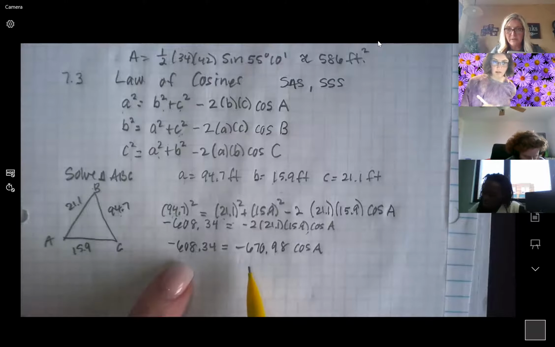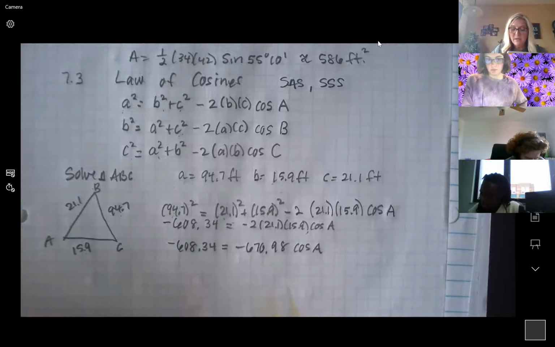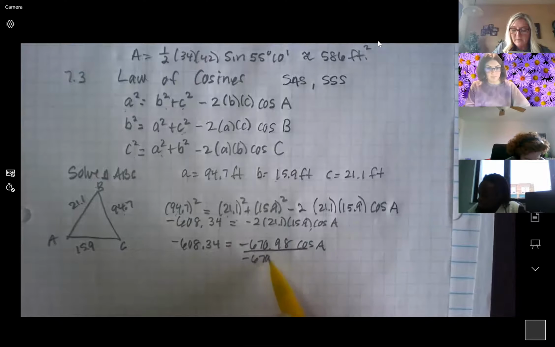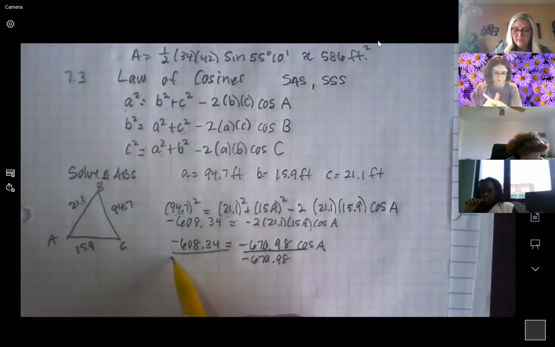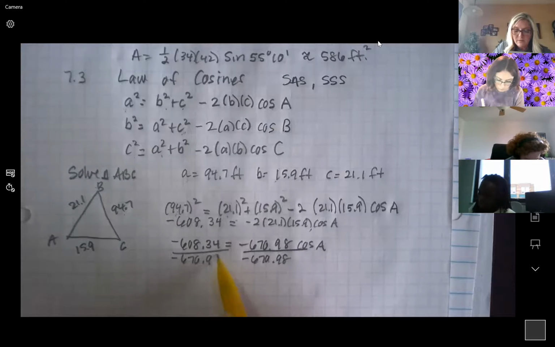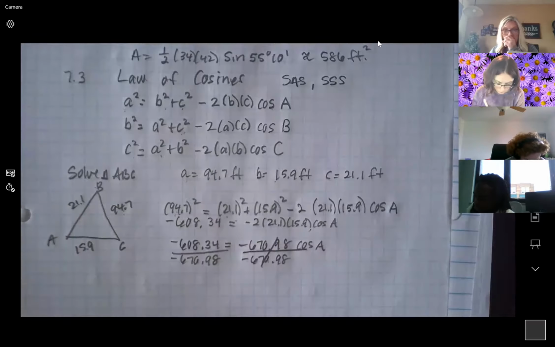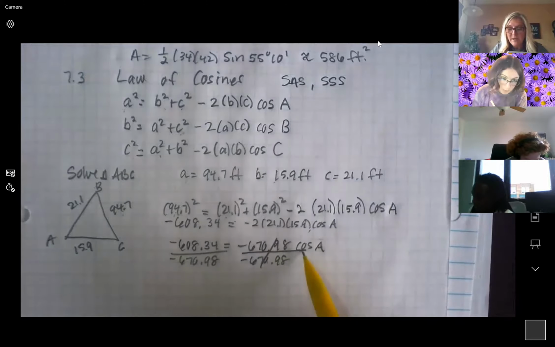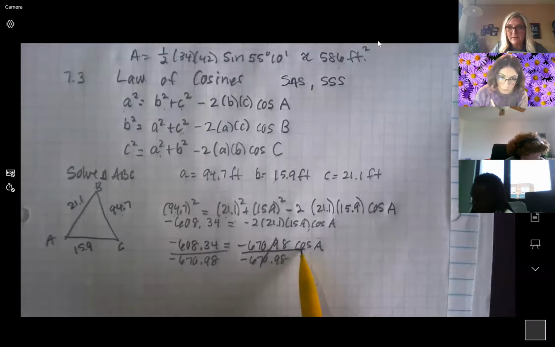So everybody understand where I got these numbers from? If I'm going to get cosine A, eventually we're trying to get A by itself. That's going to give me cosine A. So if I'm trying to solve for A, what do I have to do to the cosine here?